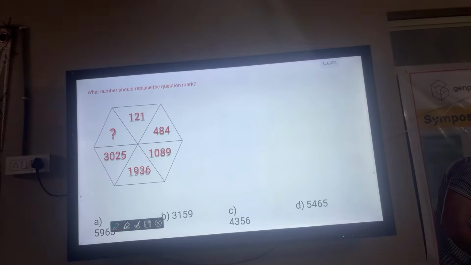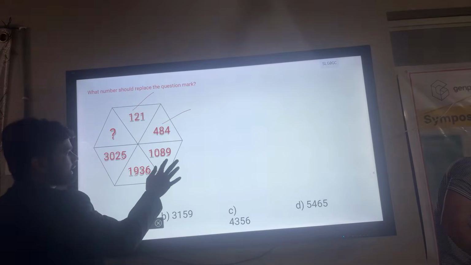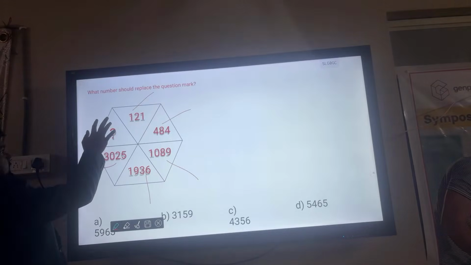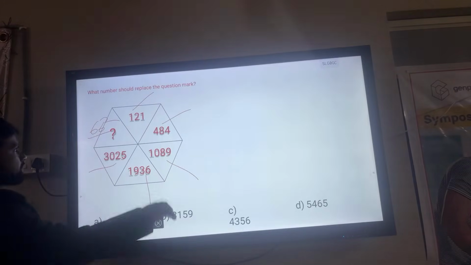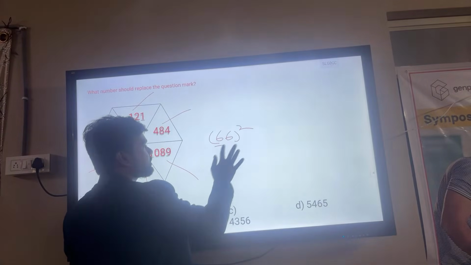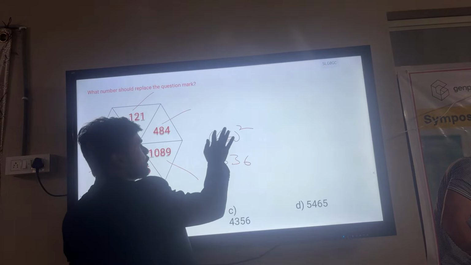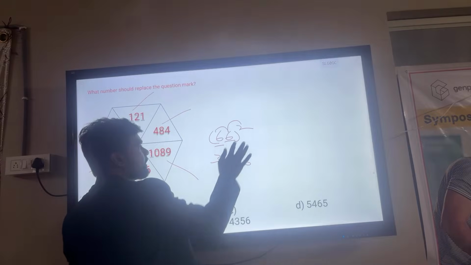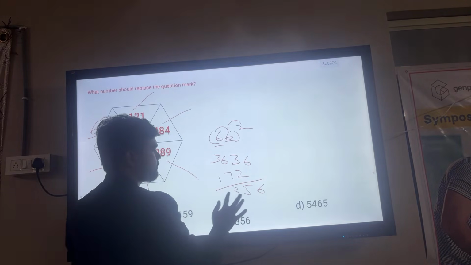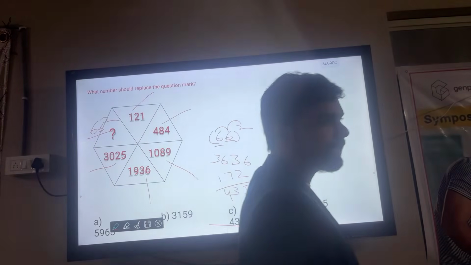If you observe it carefully, this is 11 square, 22 square, 33 square, 44 square, 55 square. Next, obviously 66 square. How do we write it? First A square, B square, 2AB. 2 into 6 into 6, nothing but 72. Which option is correct? Option C is the correct answer.